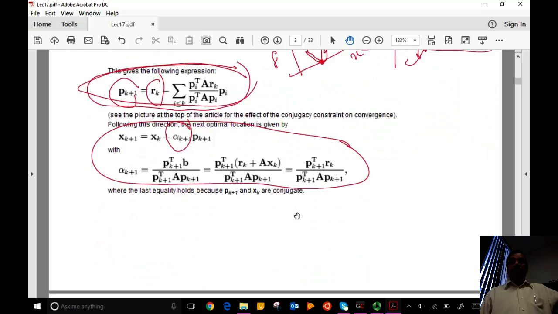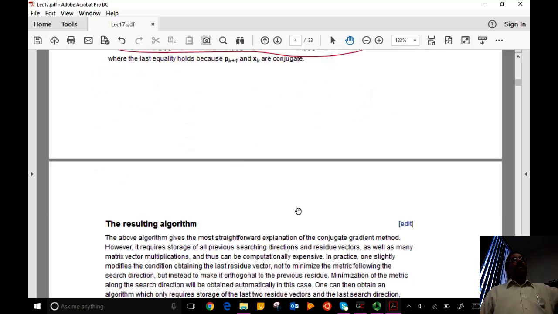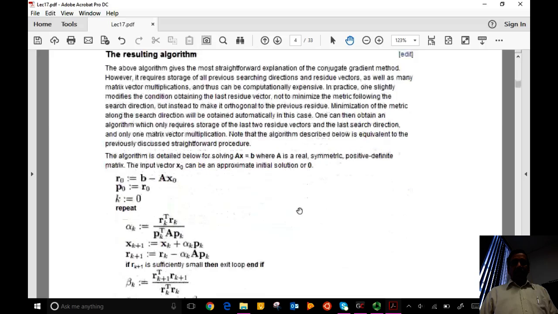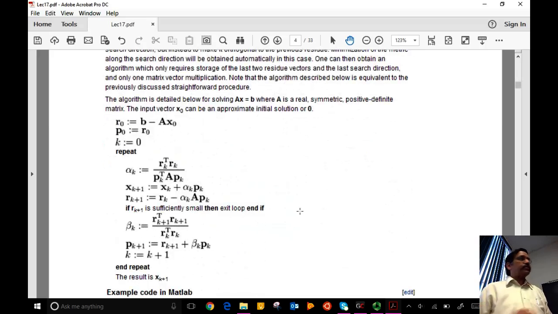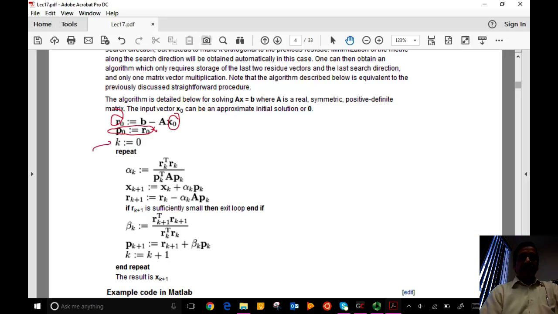And in the process you are always calculating R, so you can verify that R is equal to 0 to a certain precision tolerance. So this is the so-called pseudo code where you make a guess x0, calculate your R0, and R0 is set equal to P0 in the first step, and then repeat this.